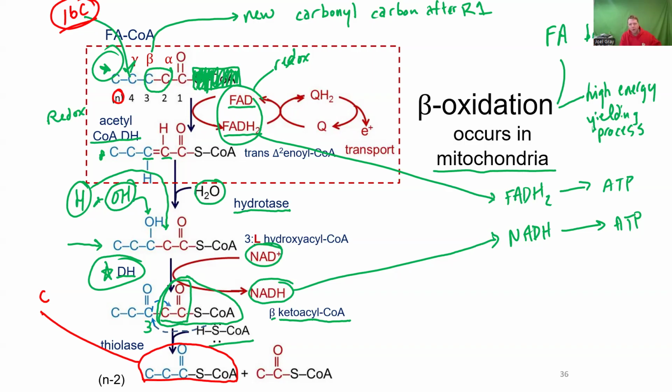In every round of beta oxidation, we remove two carbons. So if we had a fatty acid that was 16 carbons long and we removed two, we're looking at a fatty acid that is now 14 carbons long.